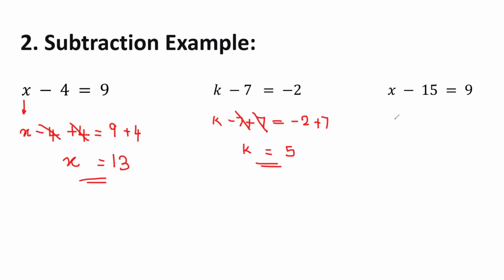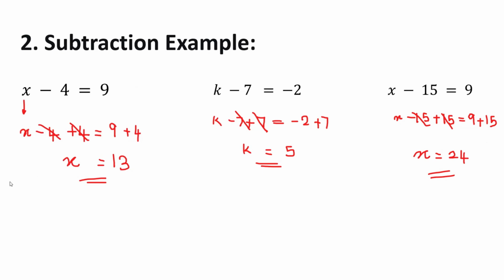Likewise here, x is there, minus 15, which means you have to add 15 here, and 9 plus 15. These two will be cancelled, so x will be isolated. 9 plus 15 is 24. That's how we have to do the subtraction.